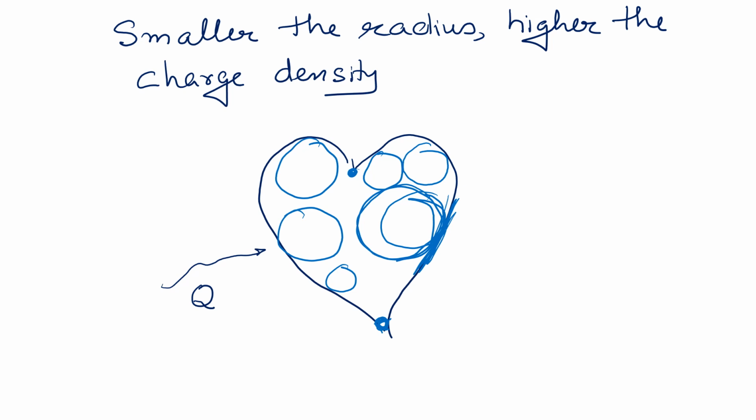And what we just observed, smaller the radius, higher the charge density, tells me that there must be higher charge density here compared to here. Any place where I have these sharp points, I would have a higher charge density.